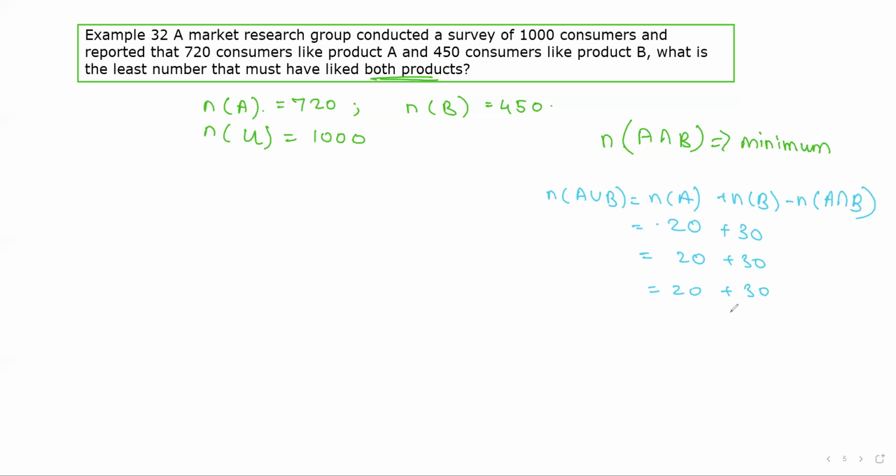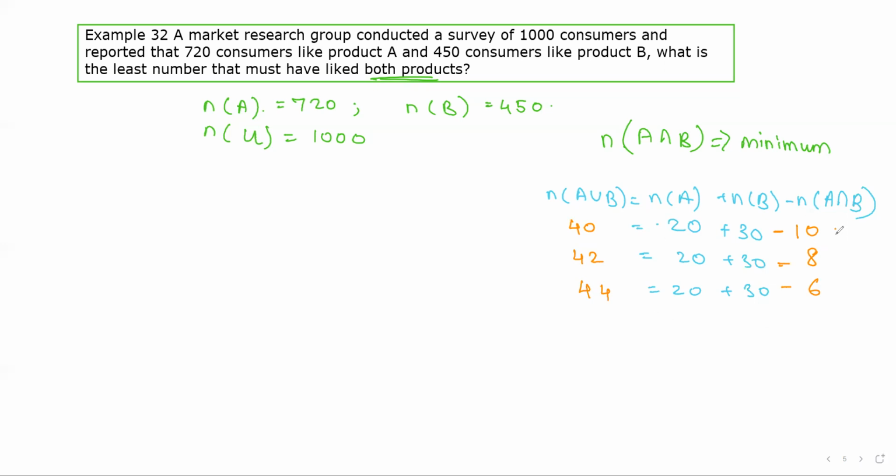Let's have different values for the intersection. Say n of A intersection B is 10, then the union will be 40. If you keep on decreasing this value, let it be 8, this will be 42. Decrease it by 2 further, 6, you have 44.